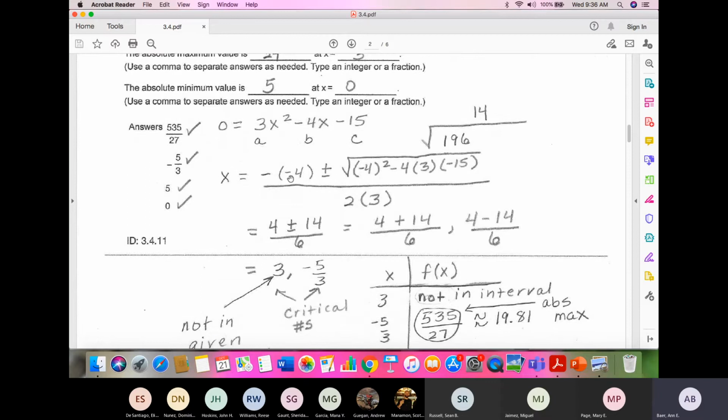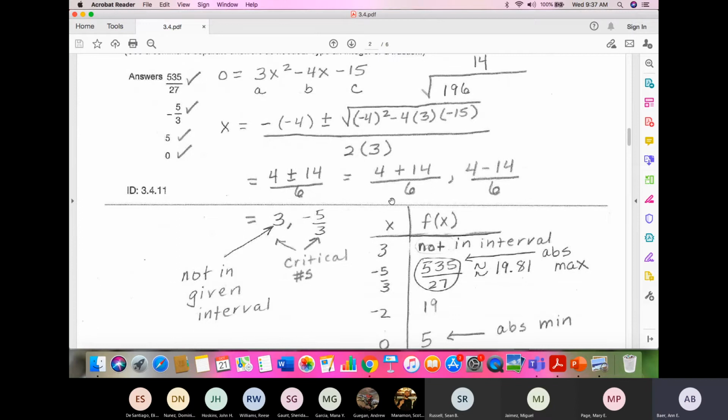We've got negative of a negative is a positive 4, plus or minus 14, all over 2 times 3, which is 6. So we can break that up into two numbers. We choose the one with the plus sign first. That's 4 plus 14 over 6, comma, and the one with the minus sign, 4 minus 14 over 6.